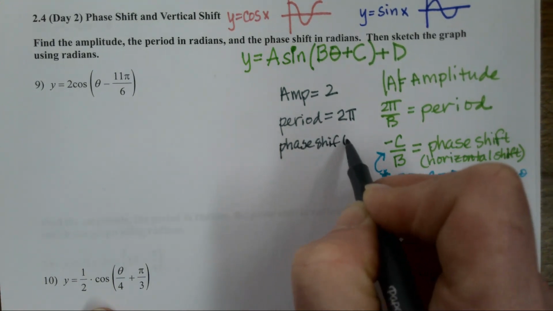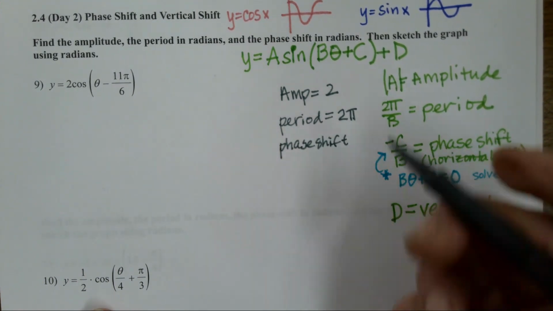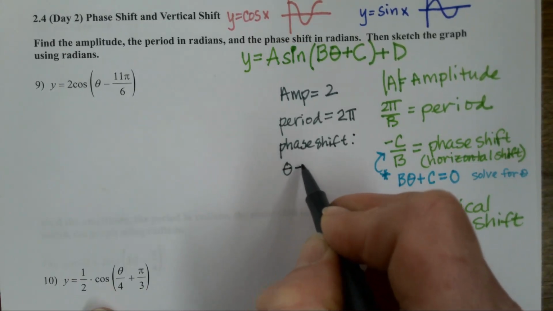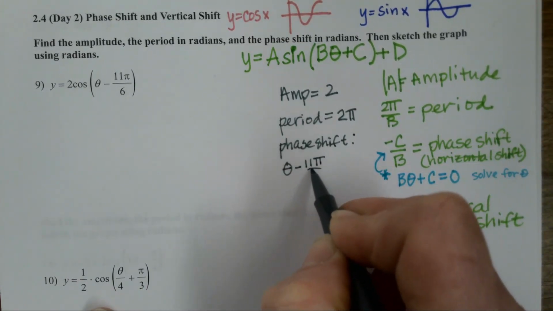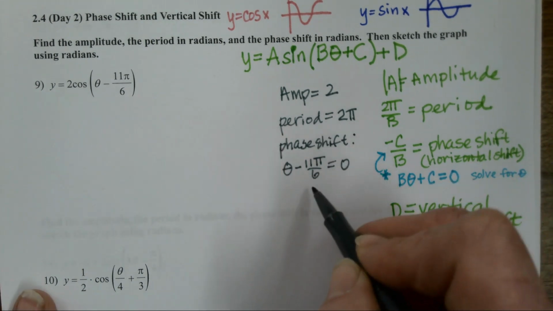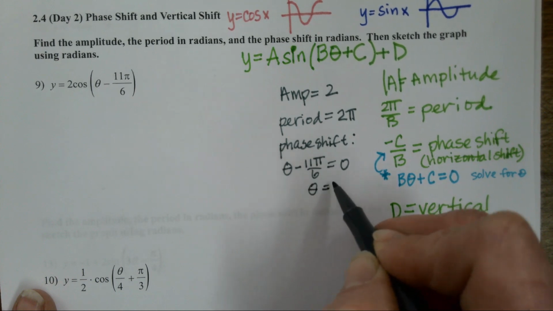And again, the phase shift is the opposite of C over B, but really what we're doing is we're taking theta minus 11 pi over 6 and setting it equal to 0. We're basically finding a new 0 for our axis. And so to solve, I would add 11 pi over 6.